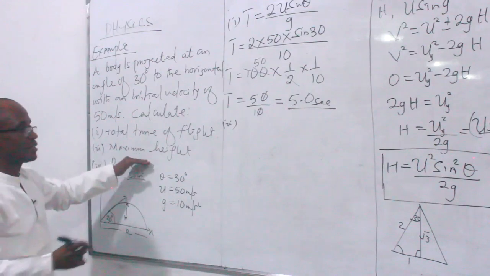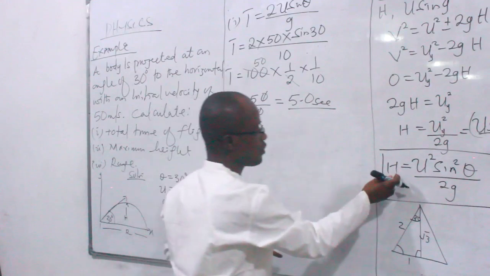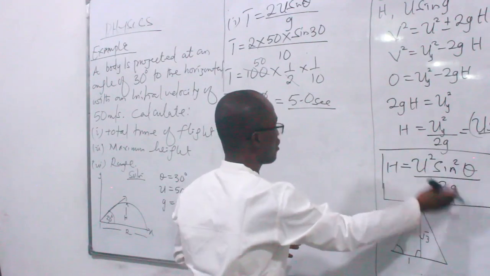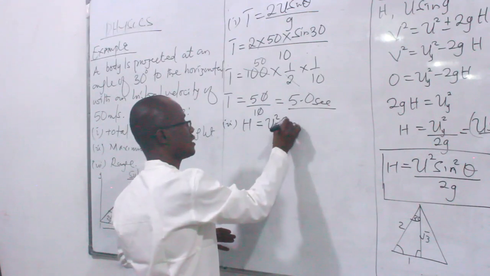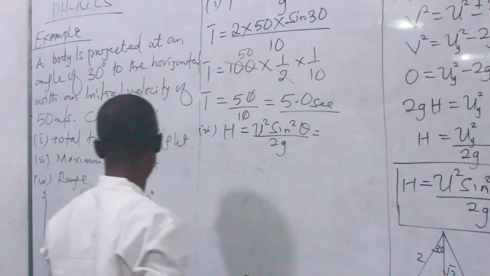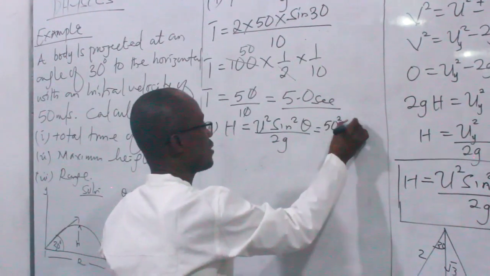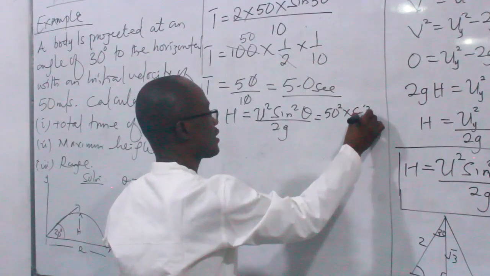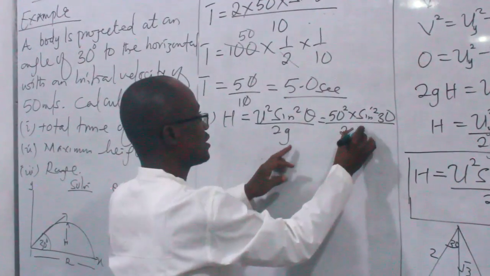the maximum height. The maximum height, h, equals u squared sine squared theta over 2g. We have u squared sine squared theta over 2g. By substitution, we still have that u equals 50. We have 50 squared times sine squared 30, which is the angle, divided by 2 times 10.